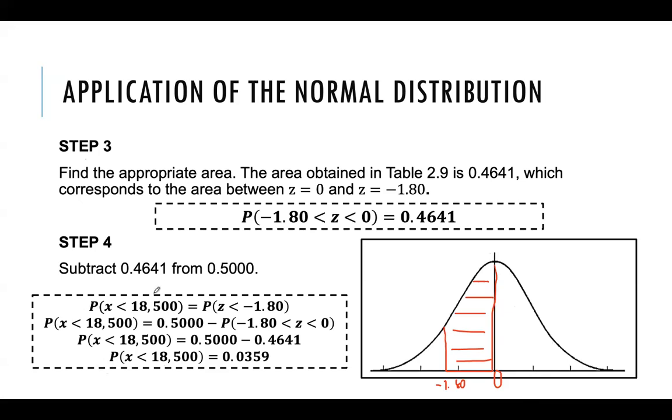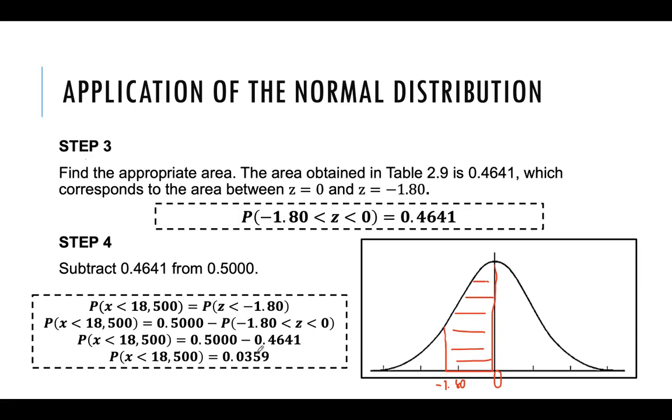So for the probability that the employee owes less than 18,500, we got the z value of negative 1.80. Since we obtained the area of the z value of 1.80, which is 46.41, we subtract that from 0.5000. We get 0.0359.